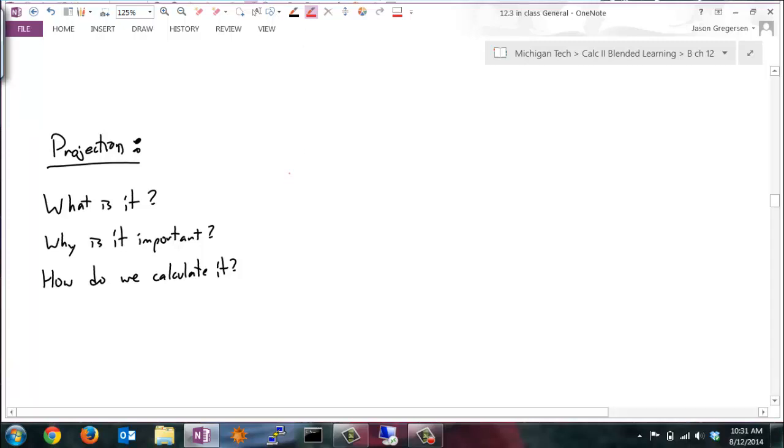Well, let's start out with what is it. Here is a vector v. Here is a vector u. If I imagine some sun, here's my happy sun, there it is, directly above my vectors at high noon, casting a shadow of u straight down, such that it's perpendicular here, then the shadow of u on v is essentially the projection, this vector.